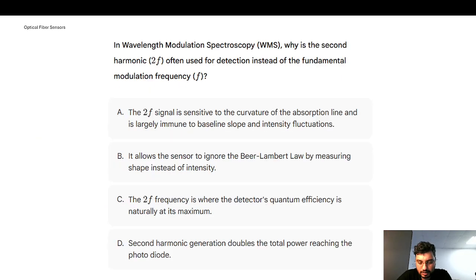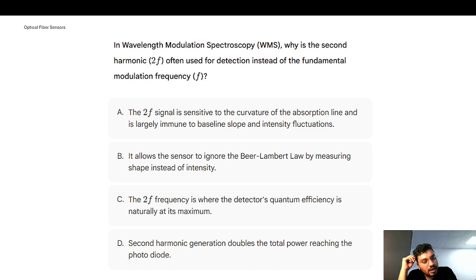Moving towards the, I think this is the last question. In wavelength modulation spectroscopy, WMS, why is the second harmonic 2f often used for detection instead of the fundamental modulation frequency f? So why do we need the second harmonic? First option: the 2f signal is sensitive to the curvature of the absorption line and is largely immune to the baseline slope and intensity fluctuation.